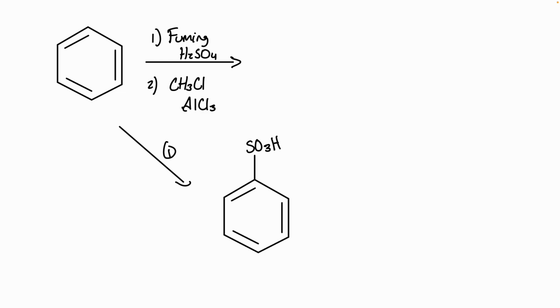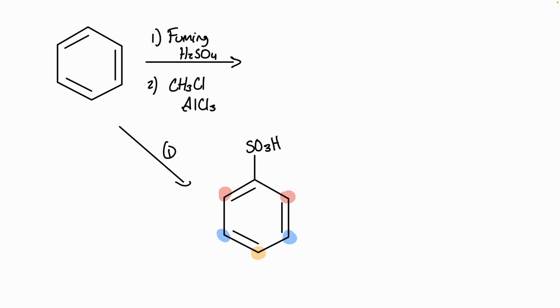My next reaction is going to stick that methyl group, that CH3, on the ring. But again, I have these different positions: my ortho, my meta, and my para position.